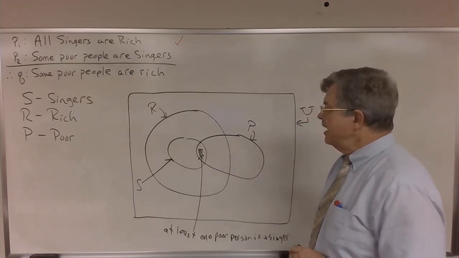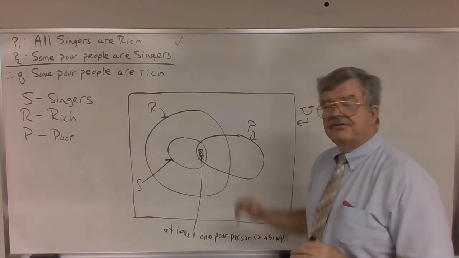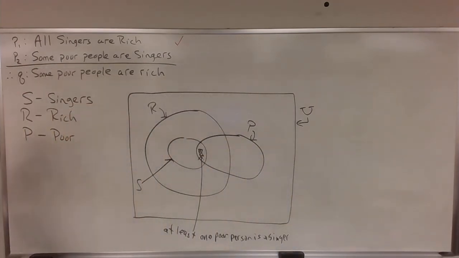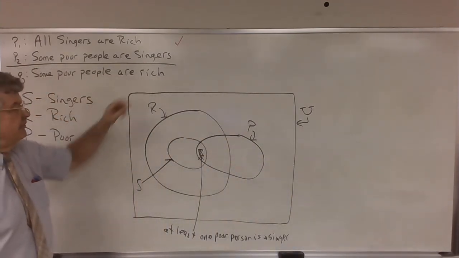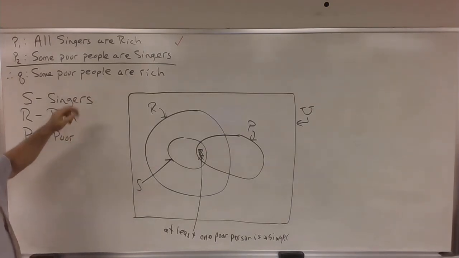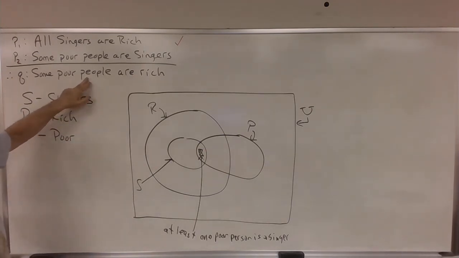Okay. And now we want to do this so that the conclusion is false. Some poor people are rich. How do we make this false? This is false if no poor people are rich. In other words, the poor person's circle and the rich person's circle are disjoint.